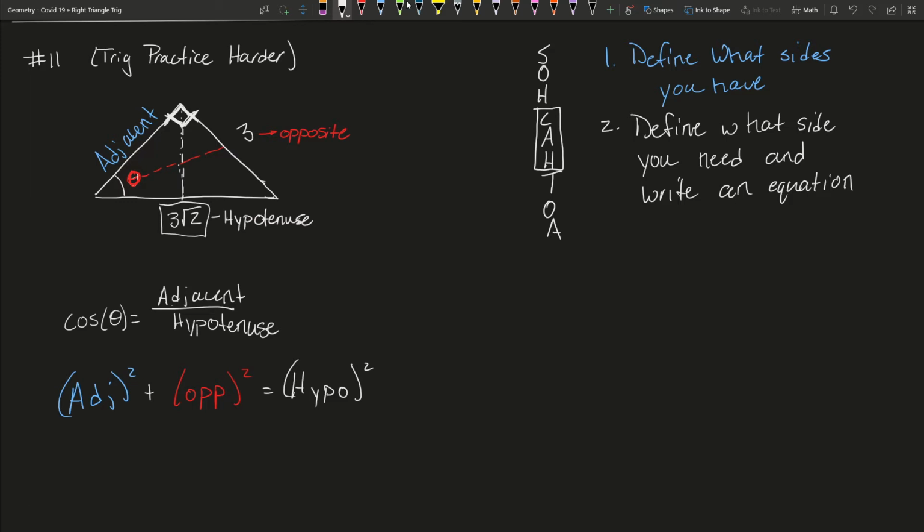And that is true for every right triangle all the time. Then we just place those numbers in. The adjacent we don't actually know, so we keep that the same. The opposite side is 3, and the hypotenuse is 3 rad 2.